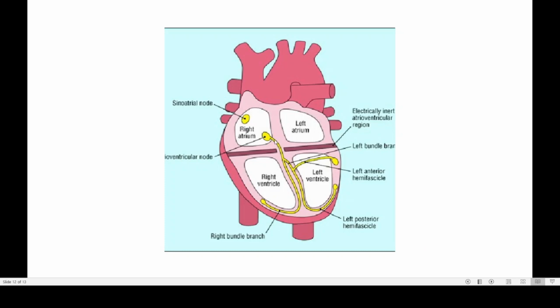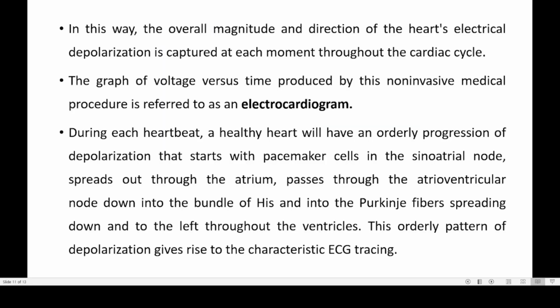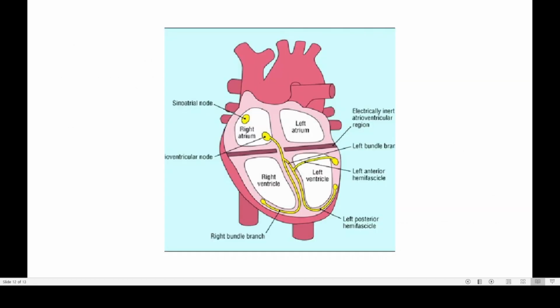From the AV node, you can see that the AV node will be transmitting this current through a system of nerve fibers. That nerve fiber system is known as the bundle of His. See here, this is the bundle of His, and through Purkinje fibers, this electrical current will be transmitted to different parts of the ventricle.